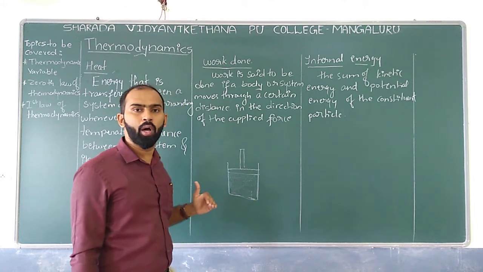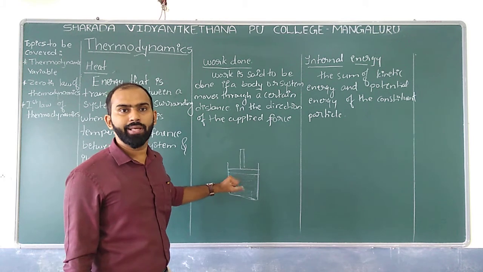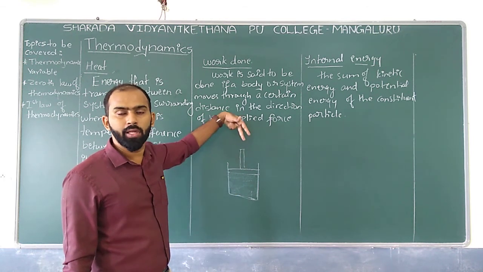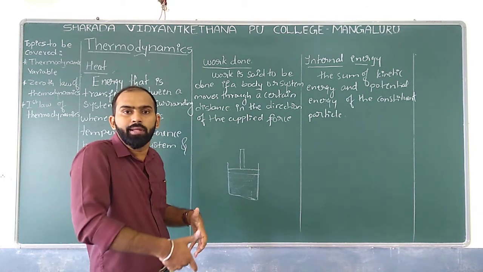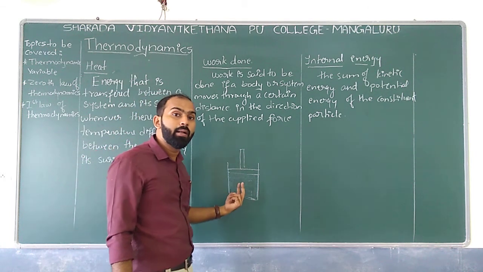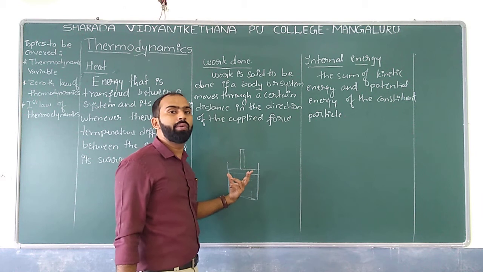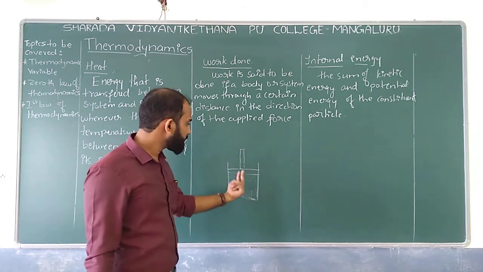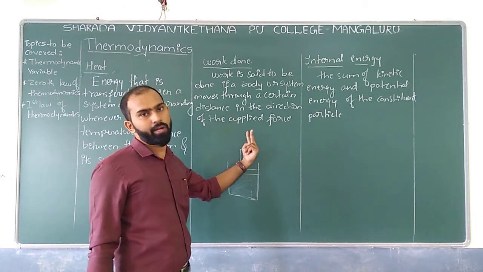For the time being, your job is to remember, if there is a decrease in volume, what happens? Obviously, the piston moves downward. If there is an increase in volume of a system, what happens? There is an increase in work done. Why? Because the piston is moving in the upward direction.